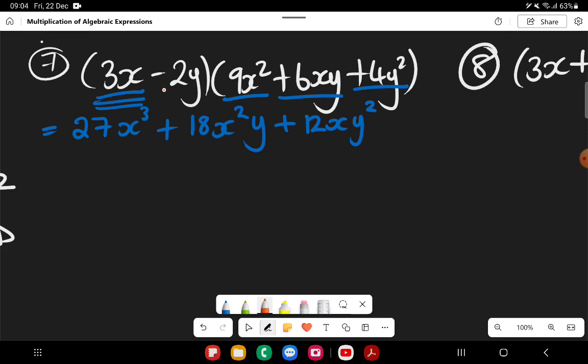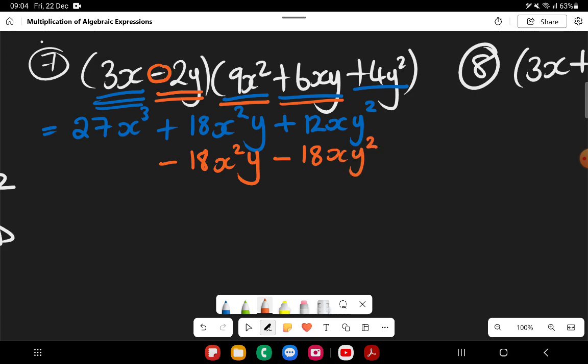Next up, negative 2y times 9x squared. Okay, so this is going to be negative 18x squared y, negative 2y times 6xy, that is going to be negative 18xy squared, negative 2y times 4y squared, that's going to be negative 8y cubed.